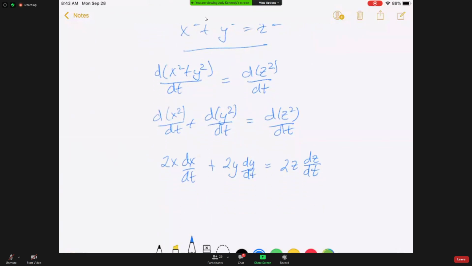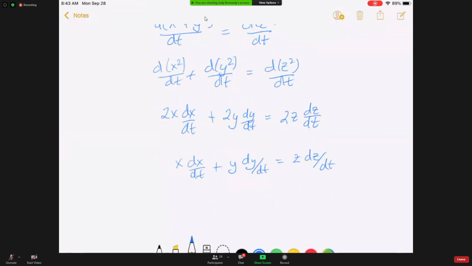Okay, so there I have my relationship between these rates of change, and I can divide out the two, the whole thing. x dx/dt plus y dy/dt is z dz/dt. Okay. And I think that once you get here, the hard work's done.